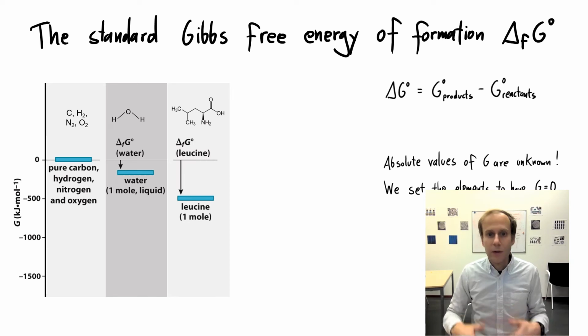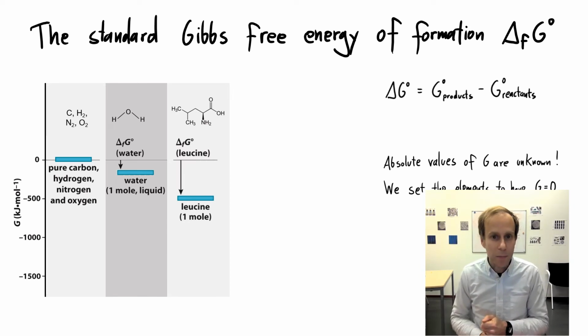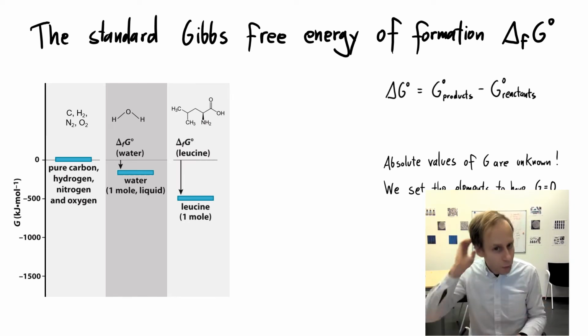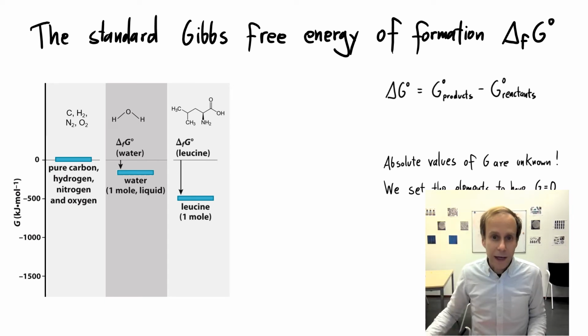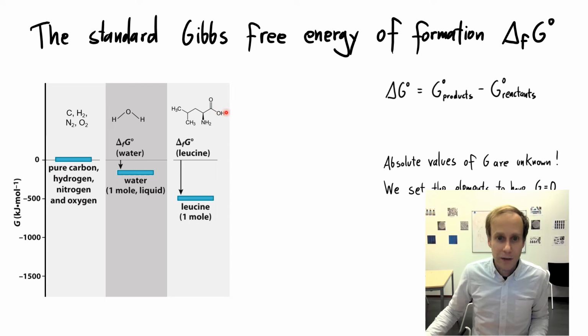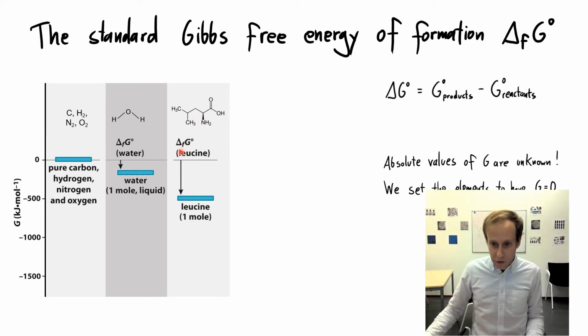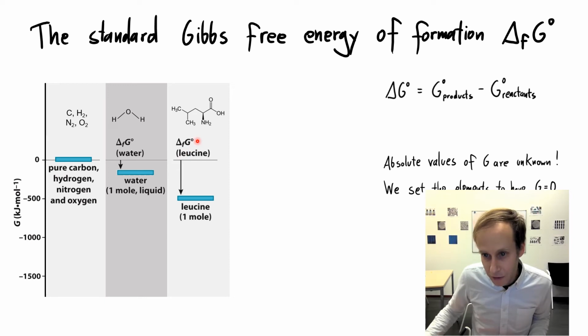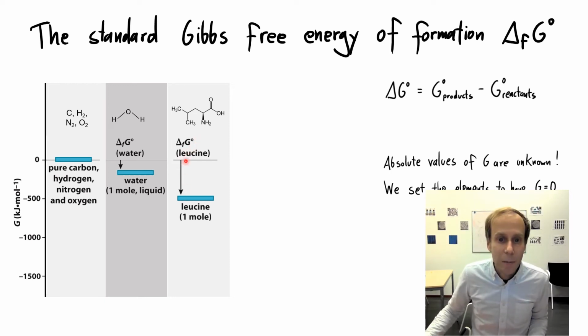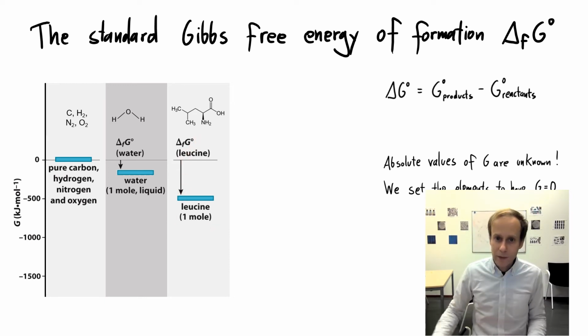Take, for example, leucine, an important amino acid used to make proteins. It has a lower value of delta Gf compared to water because it is made of more elements, simply. So going from the elemental state to the molecular compound, we will have a change of the free energy at standard conditions by this amount for 1 mole.